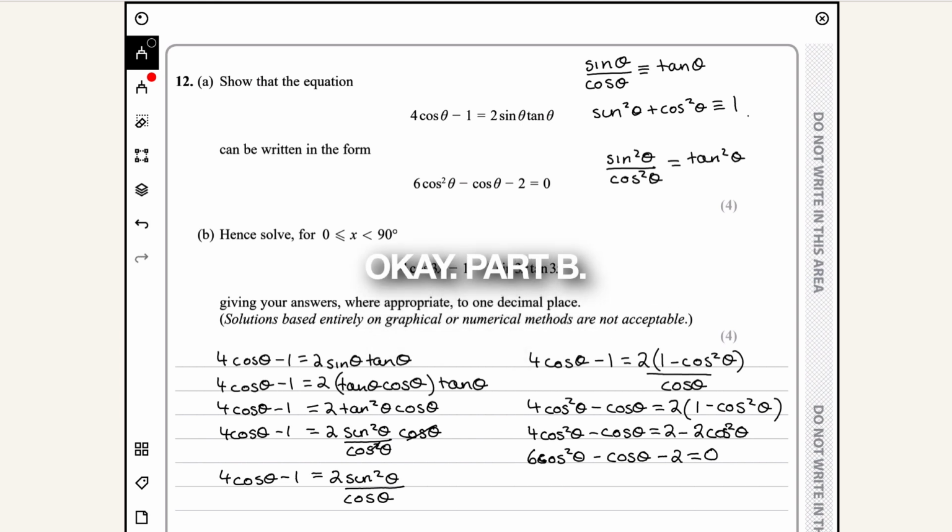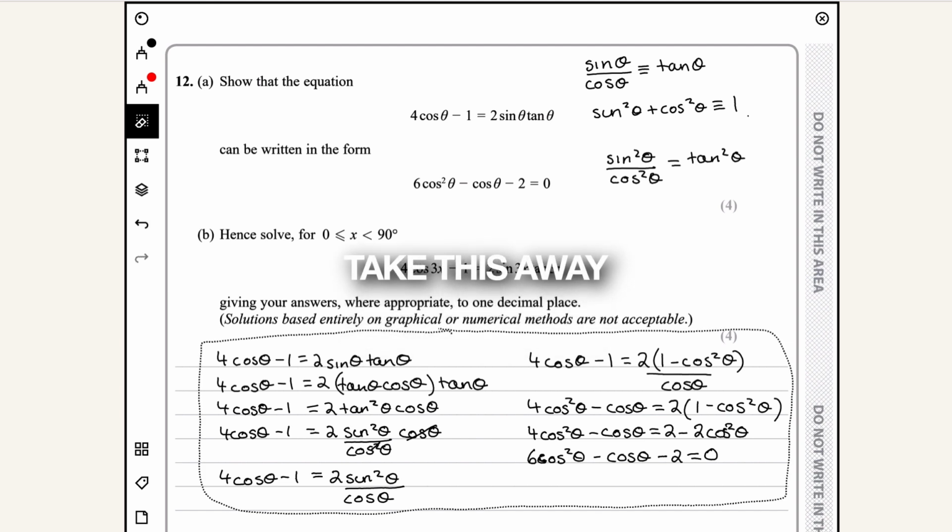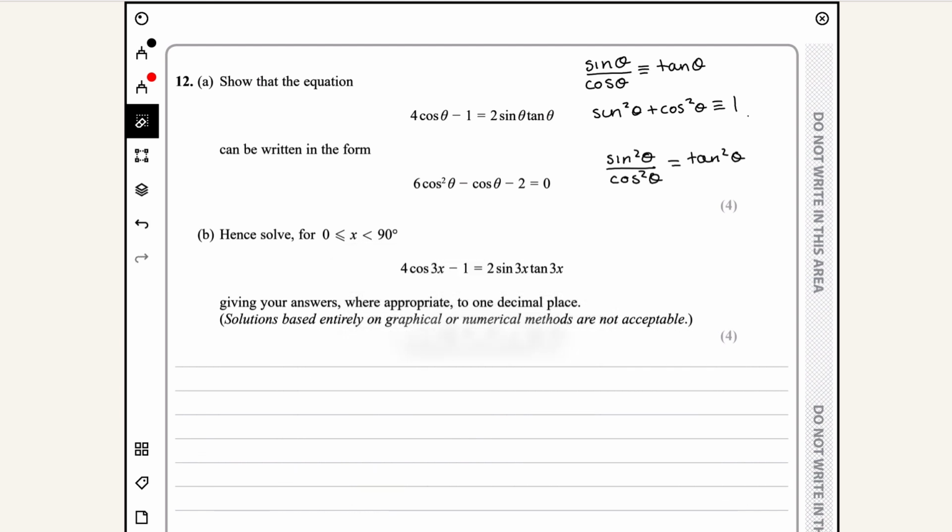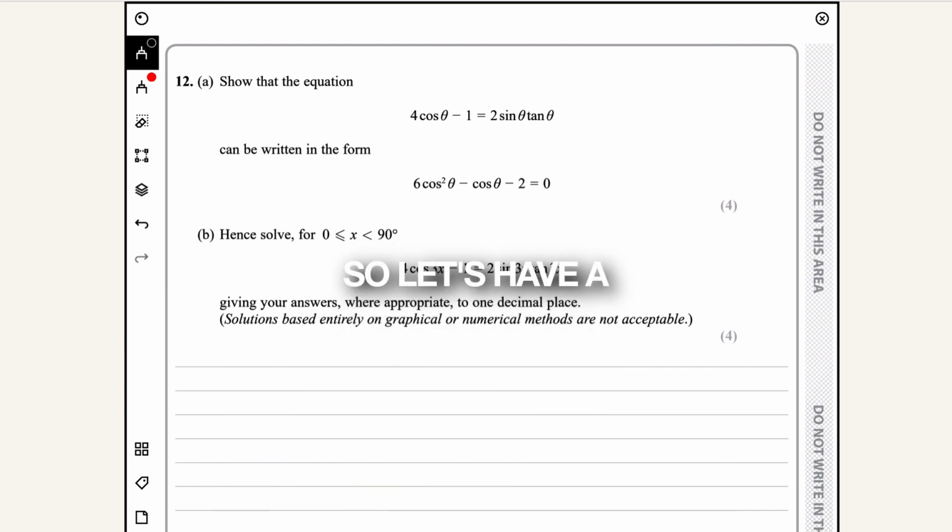Okay, part B builds on part A. So let's take this away. Actually, we don't need these either. So let's have a look here at this. We've got 4 cos 3x minus 1 equals 2 sin 3x tan 3x. Well, look, this is like this, but theta equals 3x.